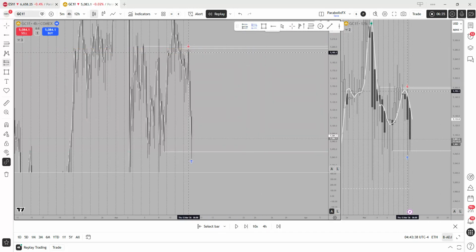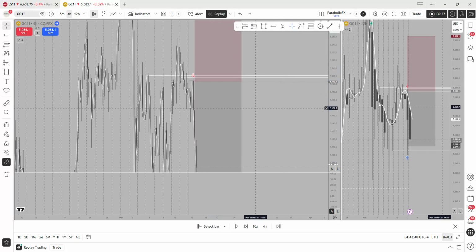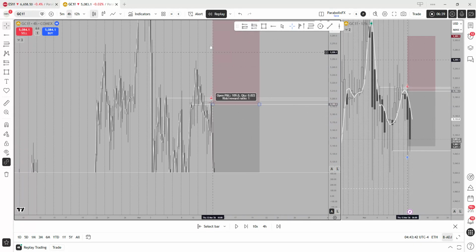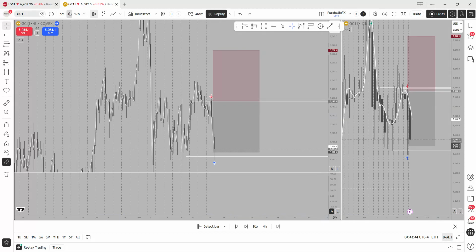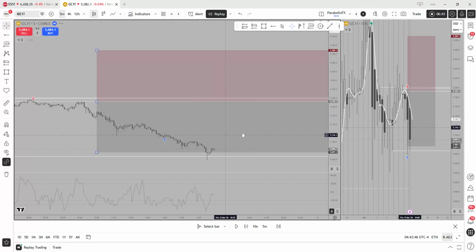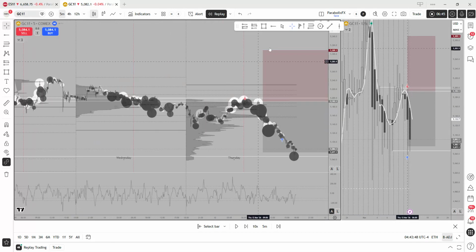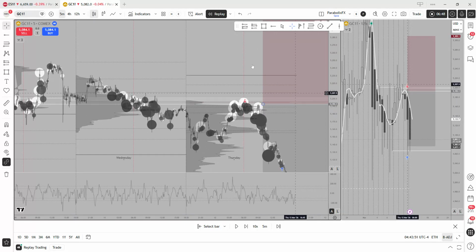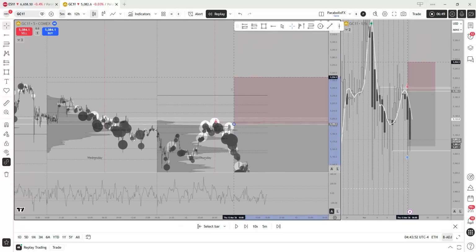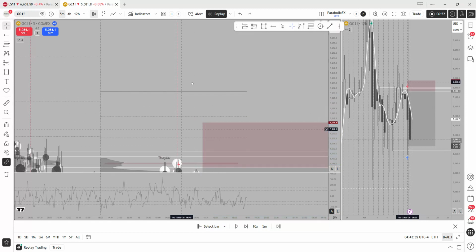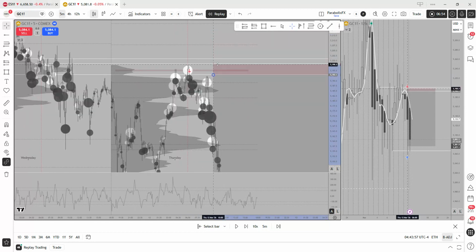Bang. What was that? I think that was potentially, I should have put this on. Let's quickly double check it. But that would have been an insane move. Let's see the risk to reward on that trade.